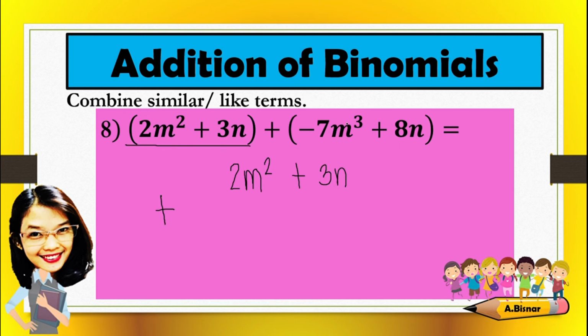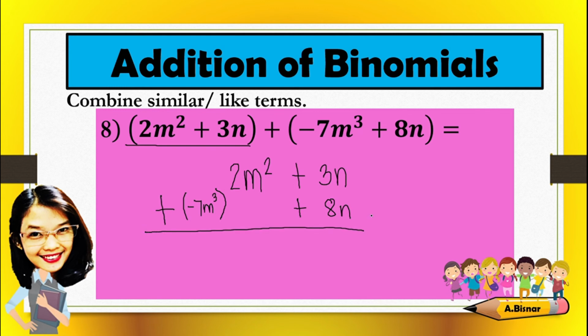However, the exponent of m in here is cubed. The exponent of m in here is squared, which means that they are unlike terms. So you cannot align them. So we'll have to write negative 7m cubed in here plus 8n.